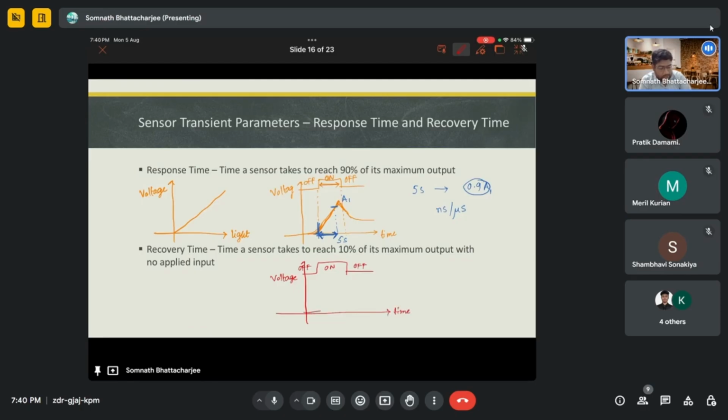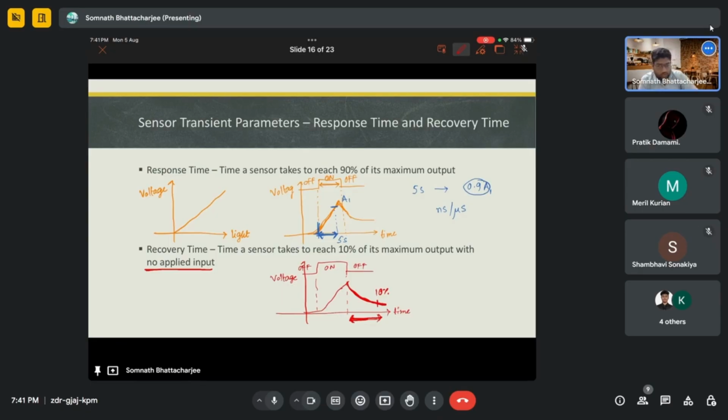The detector starts working here, and after a certain time when the light is turned off, without any applied input, the value of the output starts decaying. When it reaches 10% of the maximum output value, this is the recovery time.